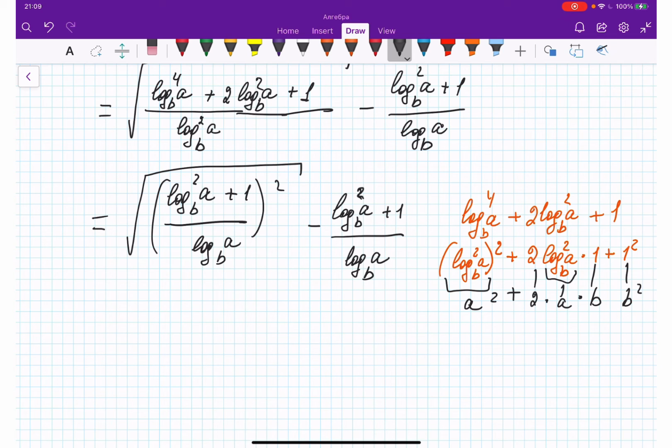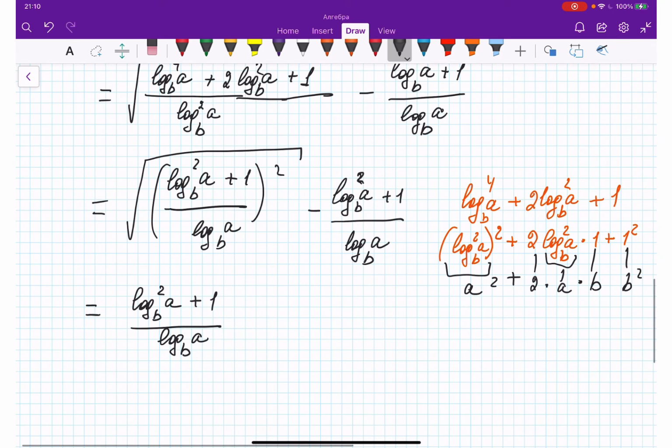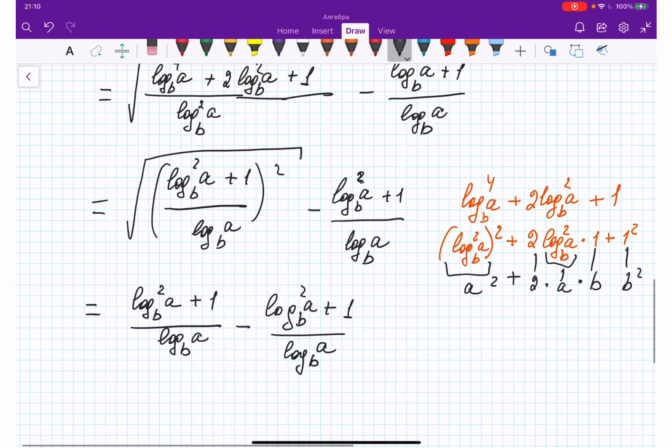And from here, we can take it out of the square root, and we are getting log_b(a)^2 plus 1 over log_b(a), and minus (log_b(a)^2 plus 1) over log_b(a).